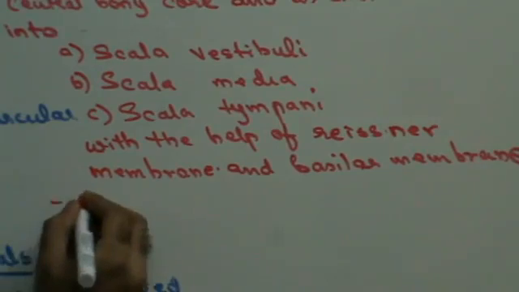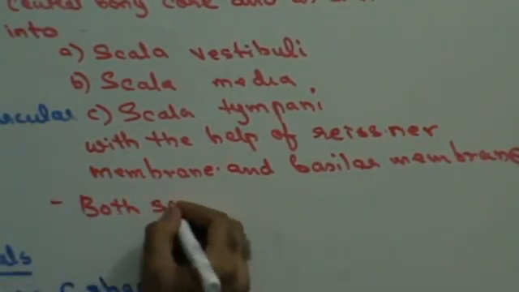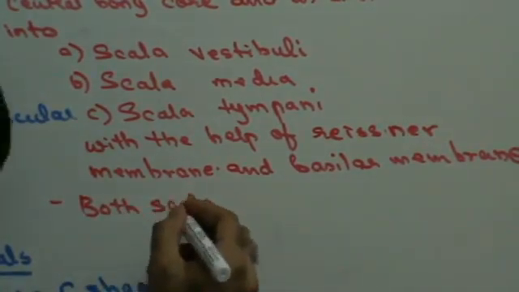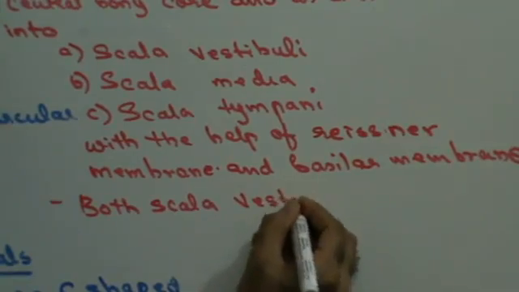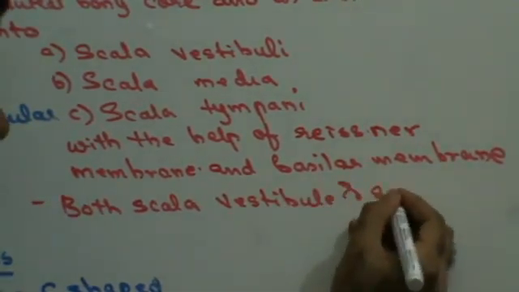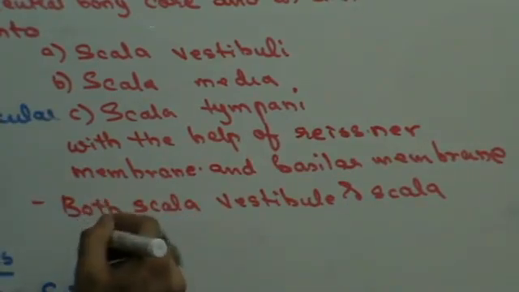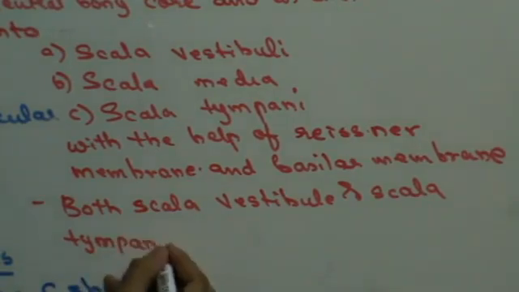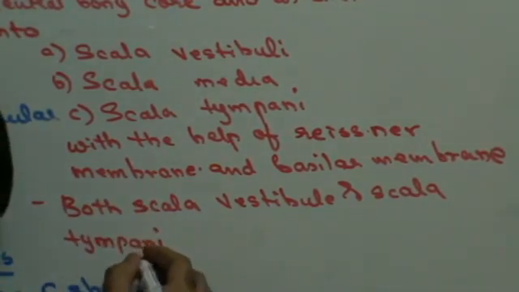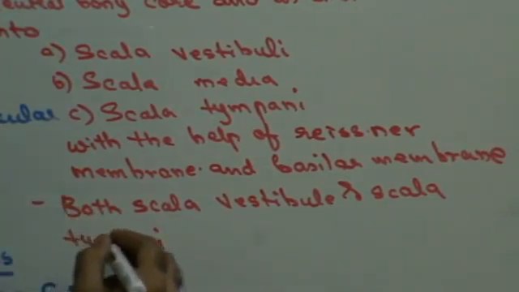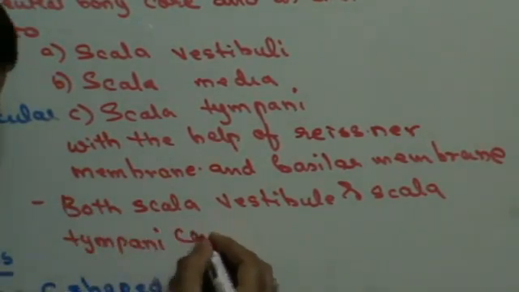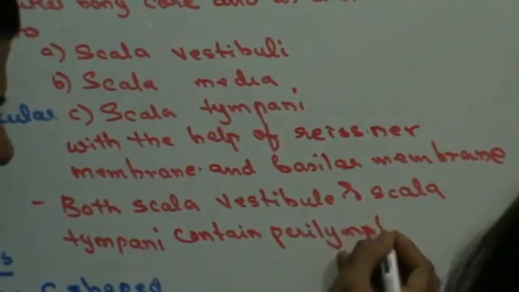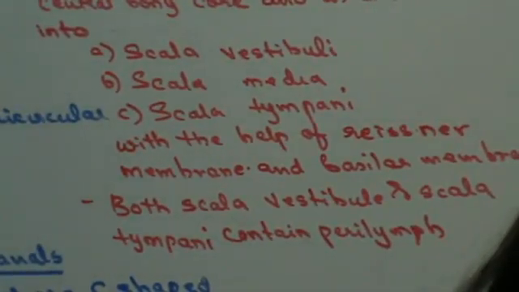I can say that both scala vestibuli and scala tympani contain perilymph. What is perilymph? I hope you know what perilymph is.